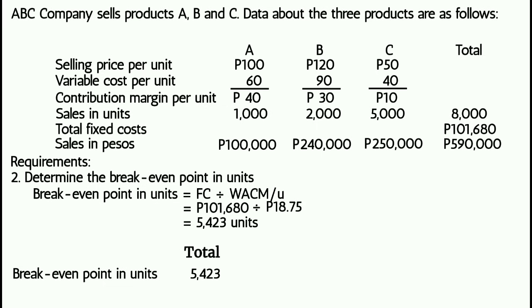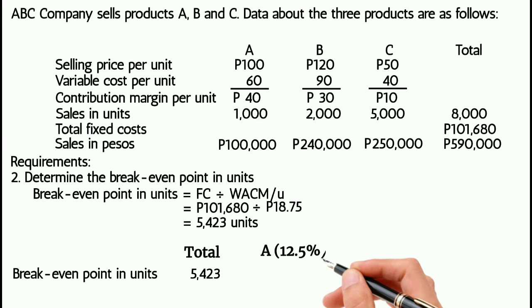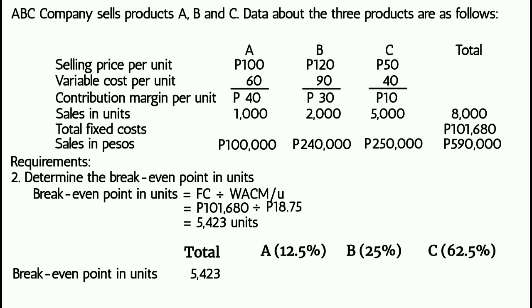Para malaman kung ilang units ng product A, B, at C ang dapat na mabenta, imumultiply lang natin yung 5,423 units sa sales mix ng bawat product.